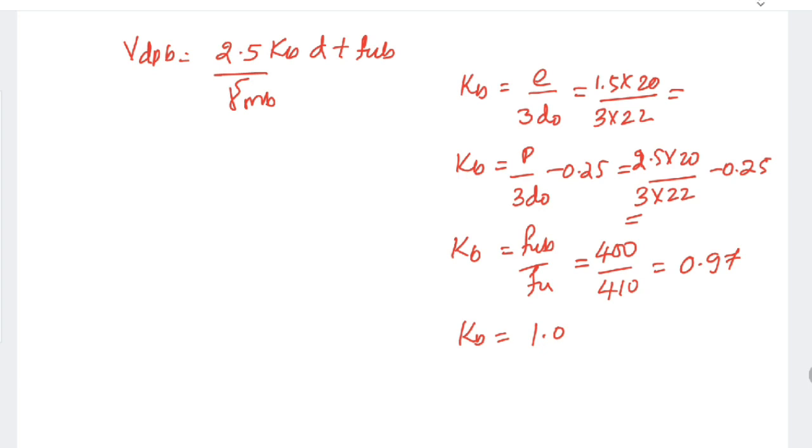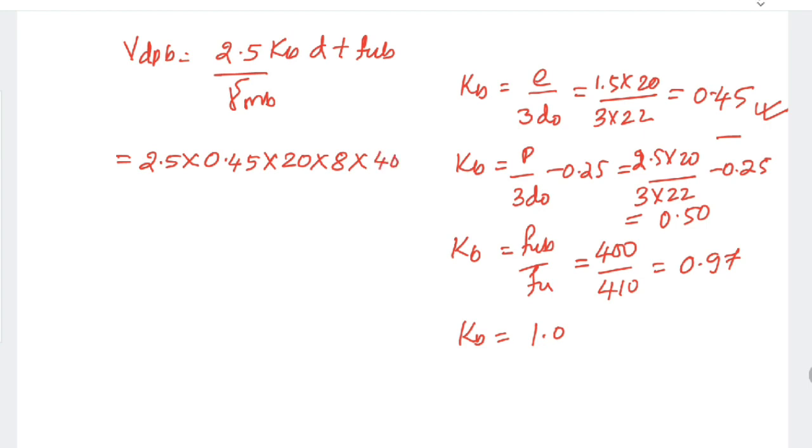So the first one is how much kb? When you calculate, you will be getting 0.45 and this one is 0.50. So among these four, the least value is the first one, kb is equal to 0.45. So I will be substituting this, 2.5, kb is 0.45, d is the dia of bolt, that is 20, thickness of thinner plate is 8 mm, the bracket plate thickness. FUB is 400 divided by gamma MB, gamma MB is nothing but 1.25.